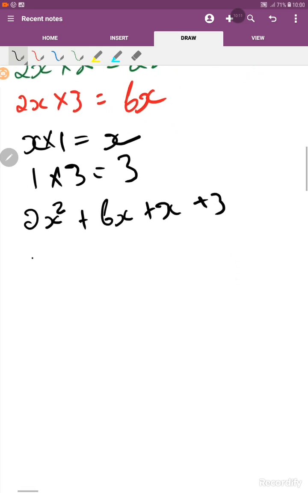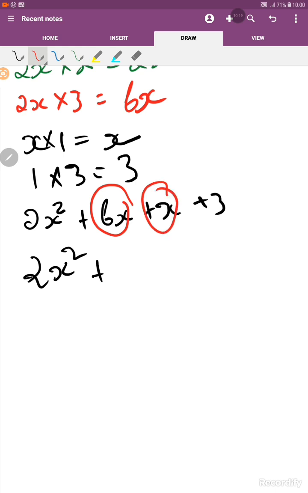Because these two guys here are like values, meaning that those two are the same. Like values, they are the same. It's like twins. Yeah, boy.